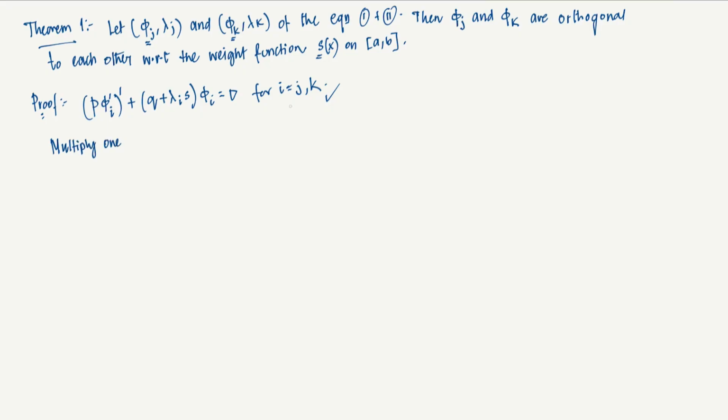So for I equals k, multiply the equation: if I put I equals k, you get an equation, with phi k. And the equation I equals j with phi j.